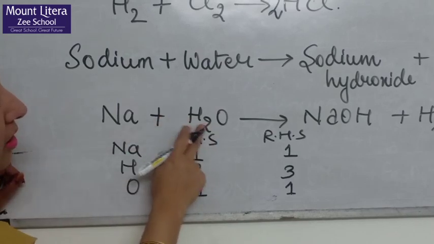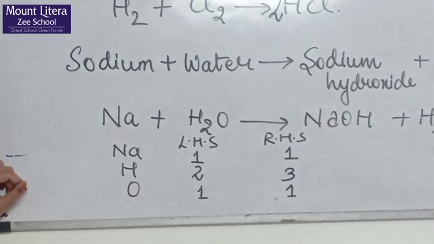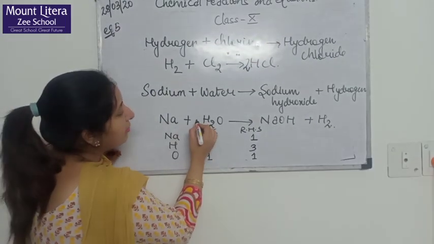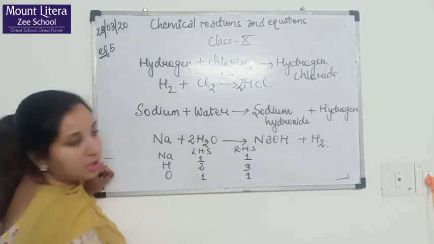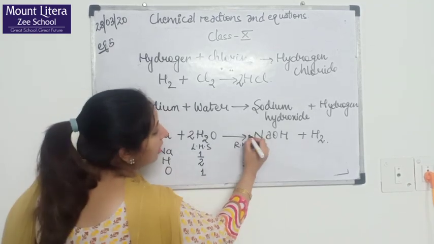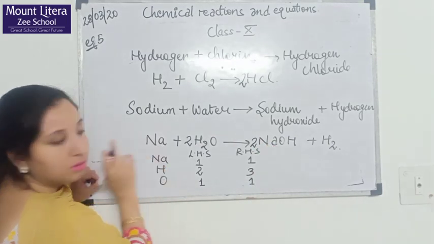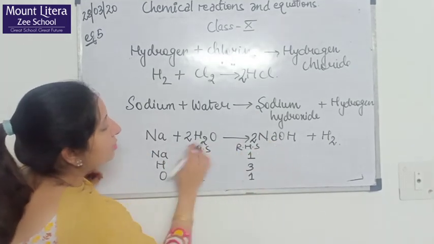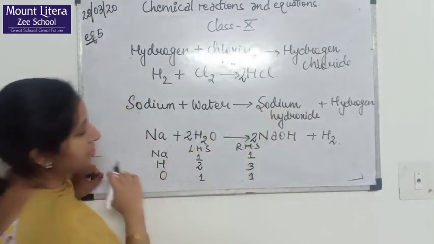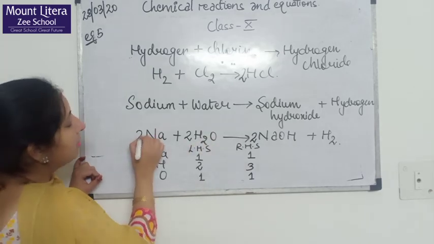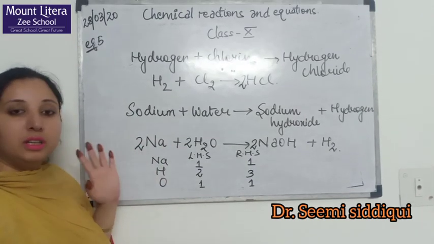If I write 2 over here, then it becomes 2 2s are 4. If I write 2 over here, my sodium has become 2, no issues. My oxygen has become 2, no issues. Now this has become 2 hydrogen and 2 hydrogen. Therefore, our equation got balanced by putting 2 in front of the sodium.